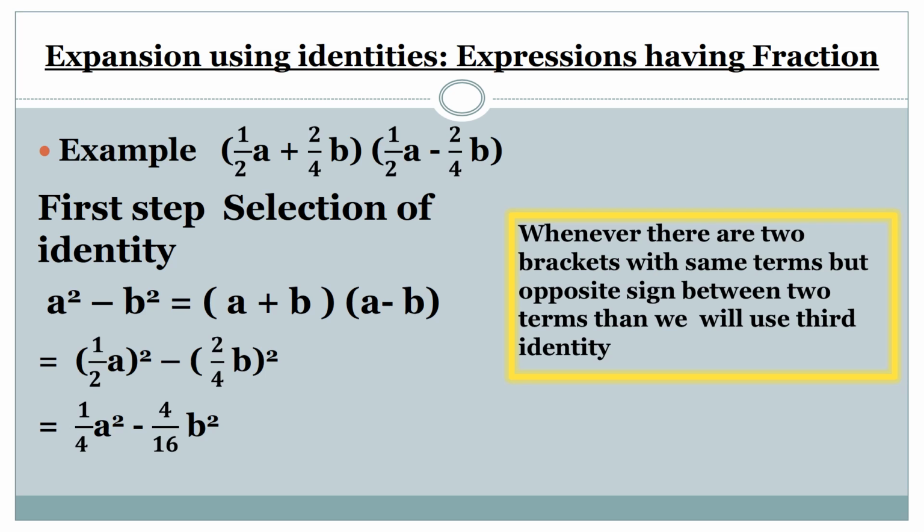The procedure remains the same. You can choose the third identity, that is a square minus b square is equal to (a plus b)(a minus b). You take the square of the first term minus the square of the second term, so it becomes (1 by 2a) whole square minus (2 by 4b) whole square, and your answer will be 1 by 4a square minus 4 by 16b square.